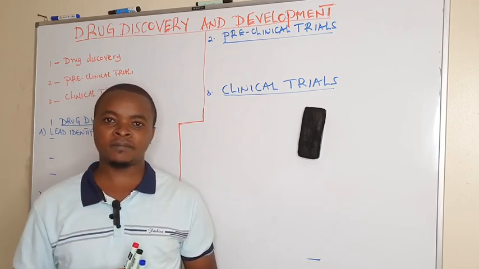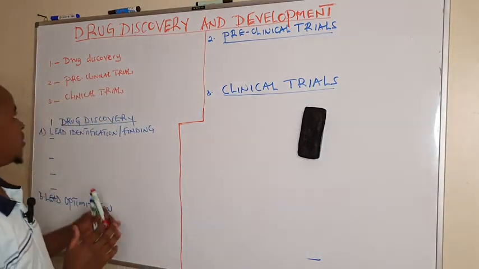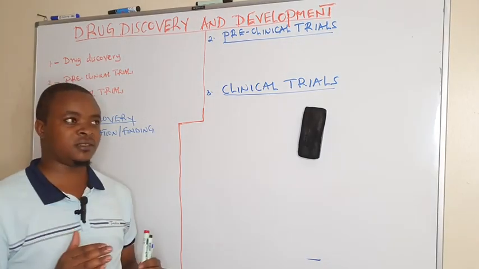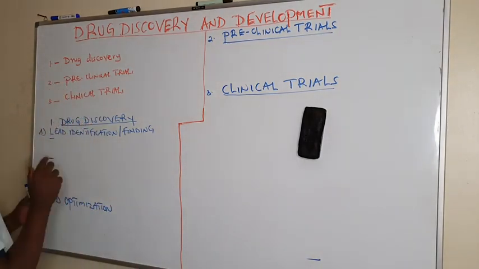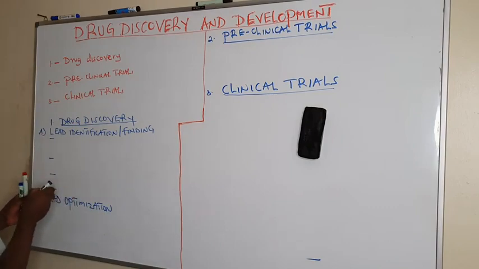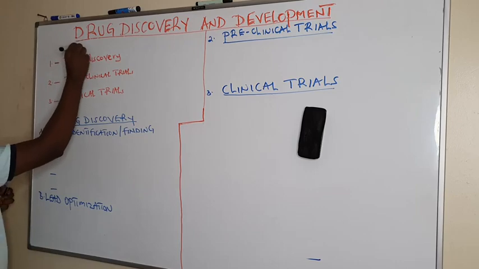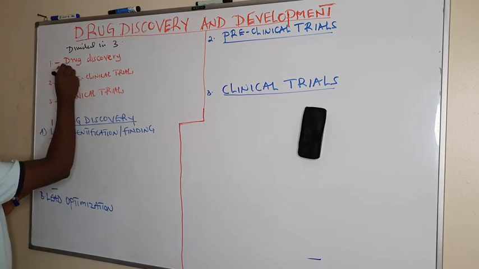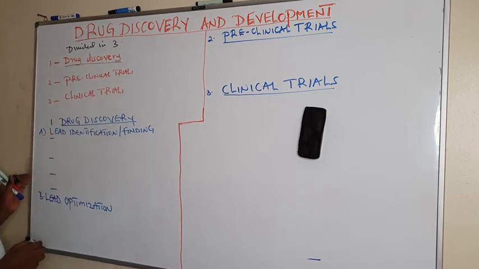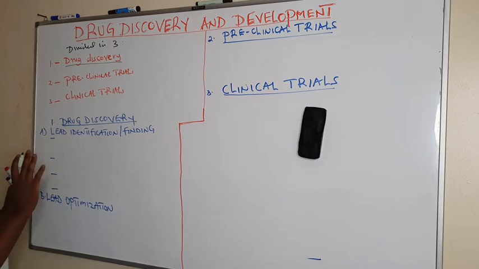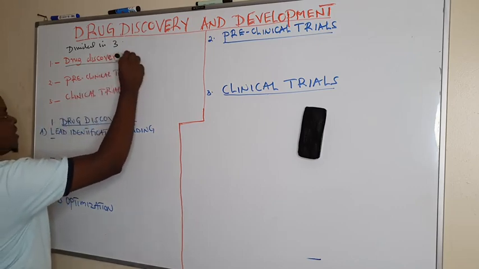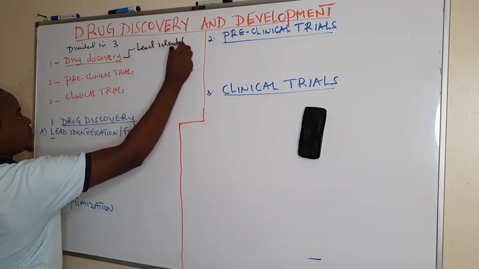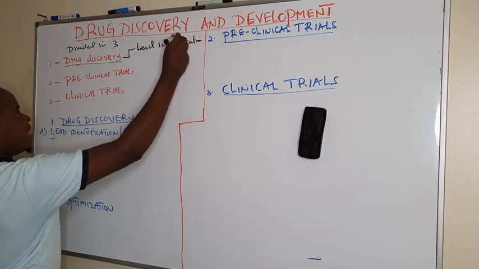So we want to begin with the different phases under drug discovery and development, and it is divided into three. First we have drug discovery, which will entail lead identification.